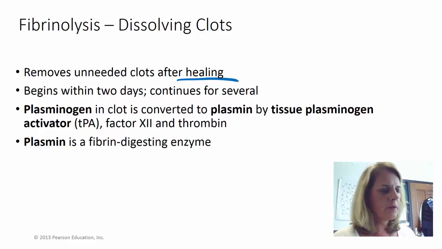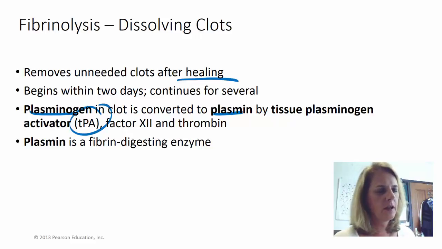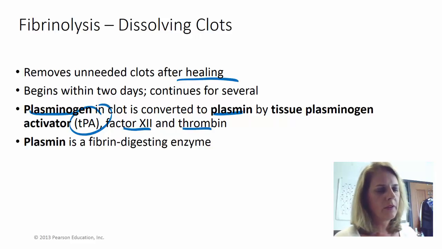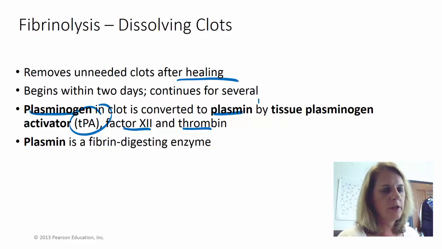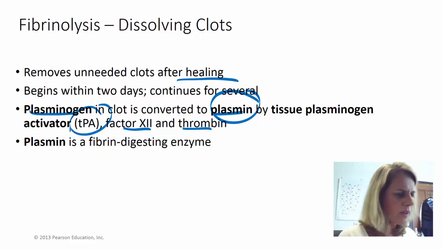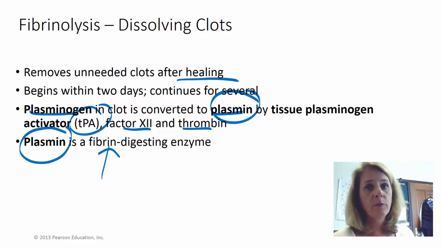There's something called plasminogen in the clot, and it's going to be converted to plasmin by something called TPA, or tissue plasminogen activator, factor 12 and thrombin. So what you need to know is within 48 hours you get the production of plasmin by this TPA. And plasmin is a fibrin digesting enzyme, so it breaks down the net, so that way now blood can start to flow.